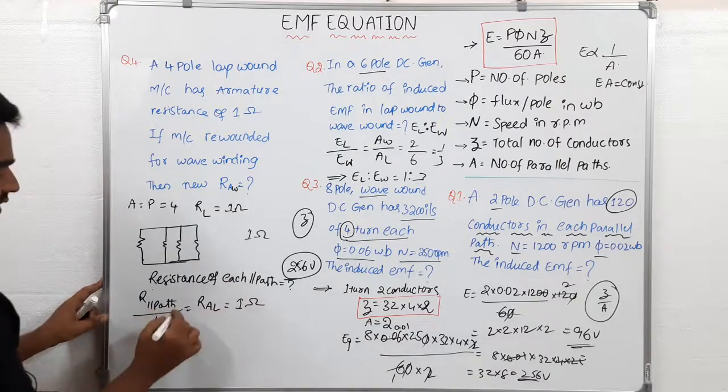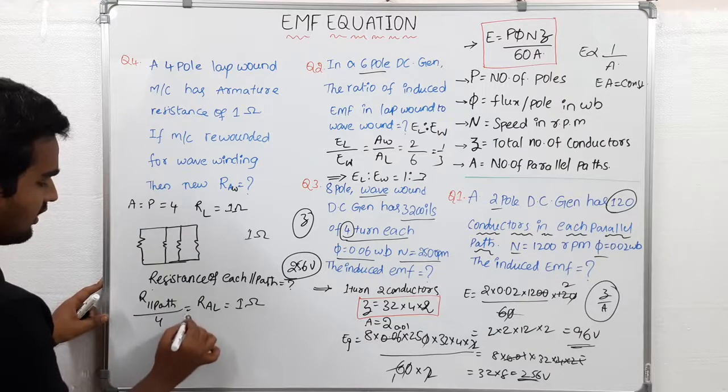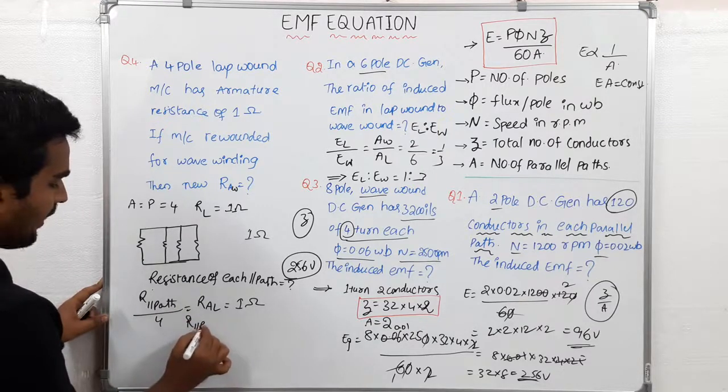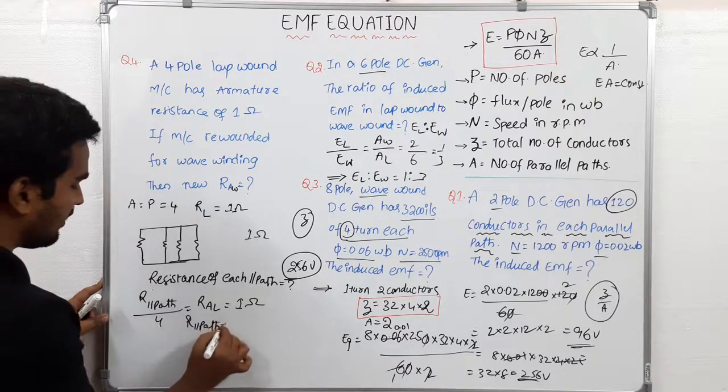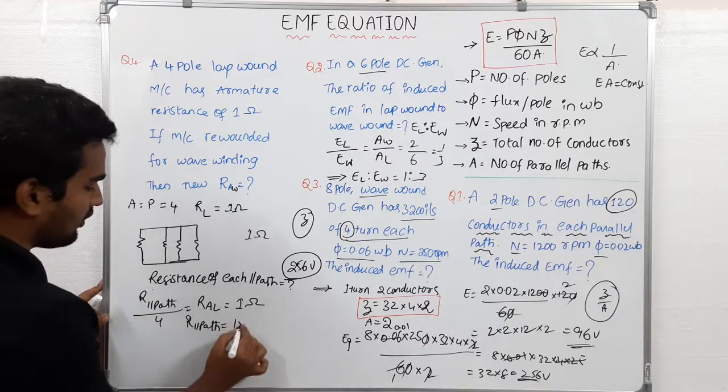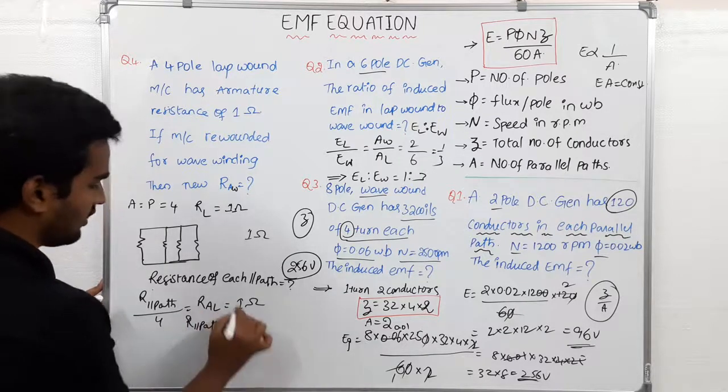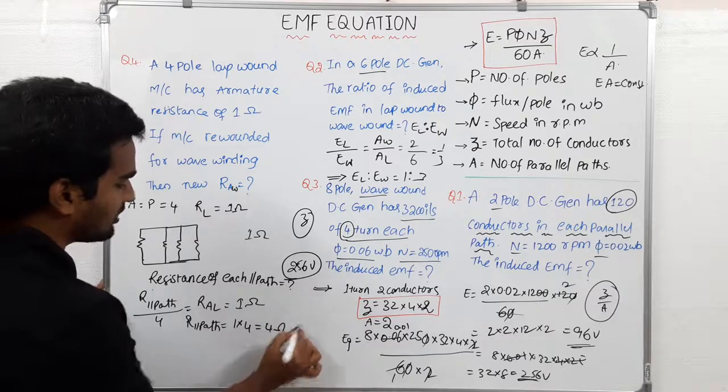Now what is the resistance of a parallel path? Resistance of each parallel path equals 1 into 4, which is 4 ohms.